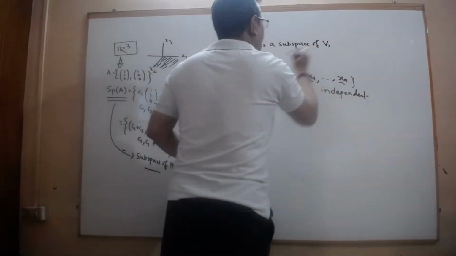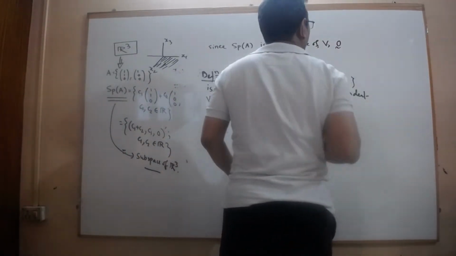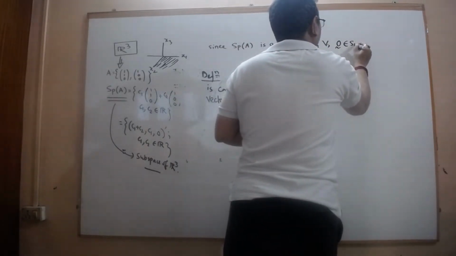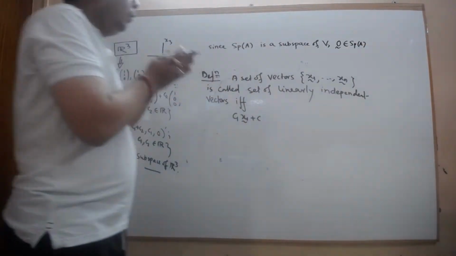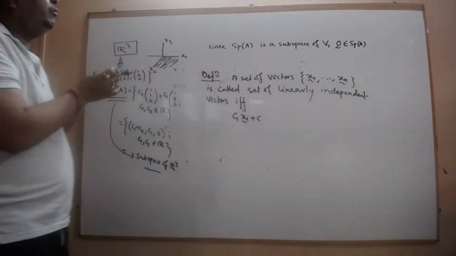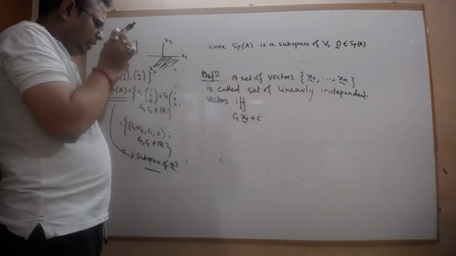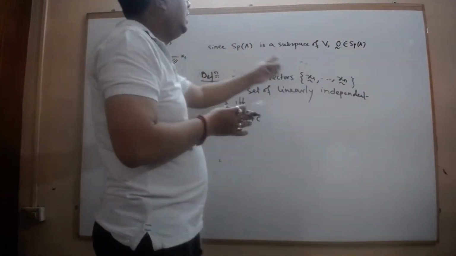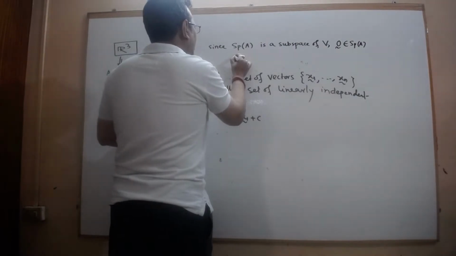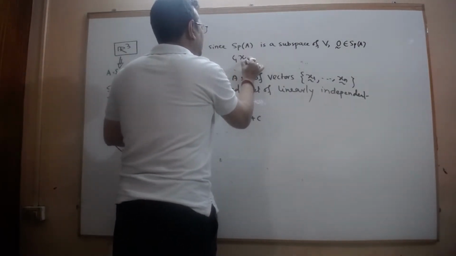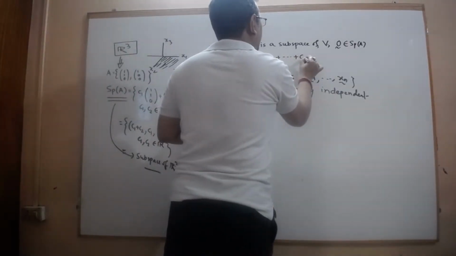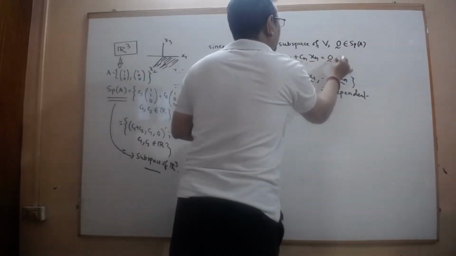since span A is a subspace of V, so the zero vector, which is the null element or null vector, belongs to span A. So we know span A is a collection of vectors which are written as linear combinations of the vectors in A. A contains x1, x2, ..., xn. So it is always possible that C1 x1 plus C2 x2 plus ... plus Cn xn equals 0. Why?